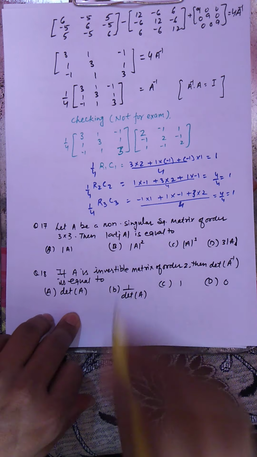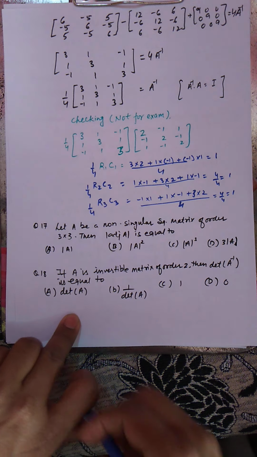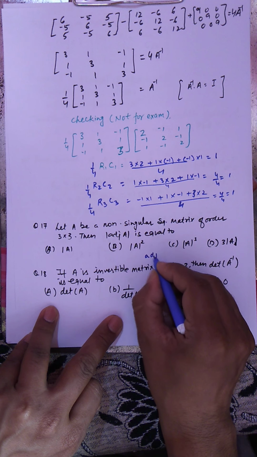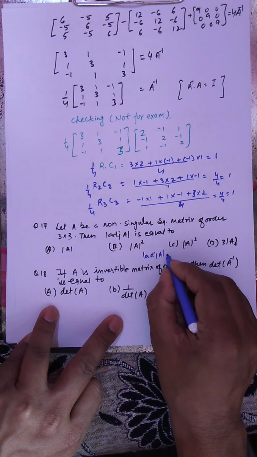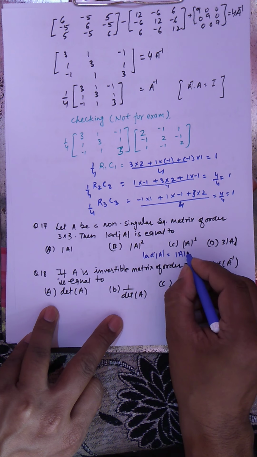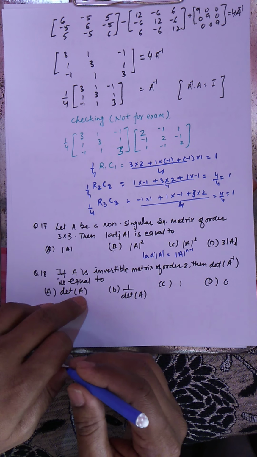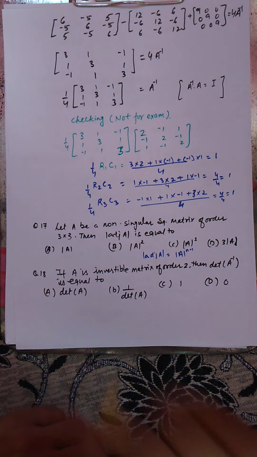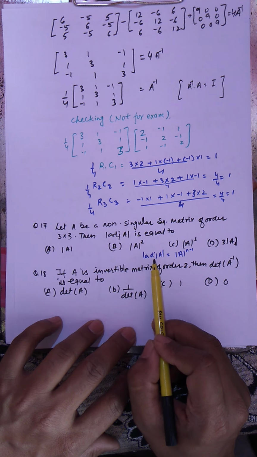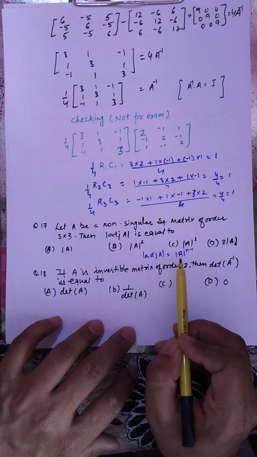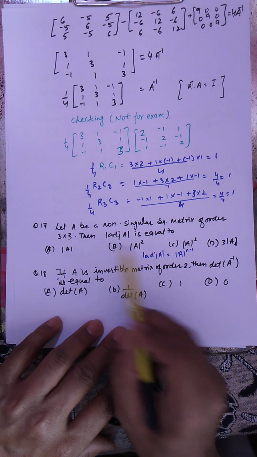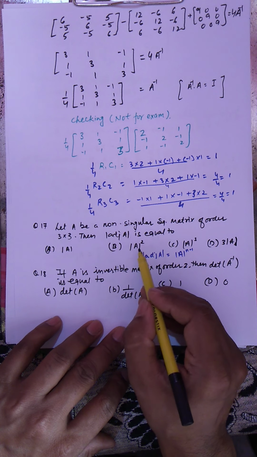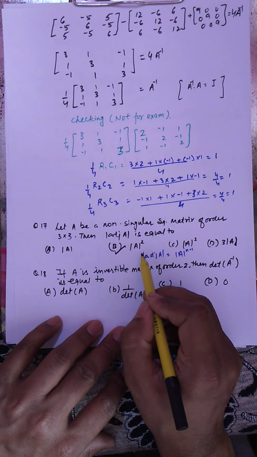You have done a result which I explained in the previous class also, that determinant of adjoint equals determinant of A to the power n minus 1. I gave you this formula in the last class. Based on that, adjoint of A will be, here n is 3, so 3 minus 1, this is 2. So answer B is correct, A square.